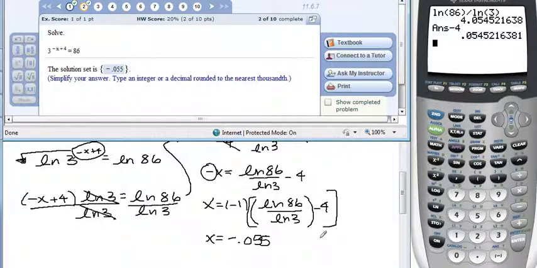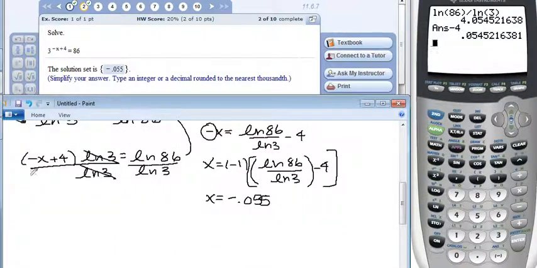I should have checked it before. I'm going to throw a -0.055 in right there. Okay? So I'm going to take 3 to the -0.055 plus 4 power, and that should be very close to 86.